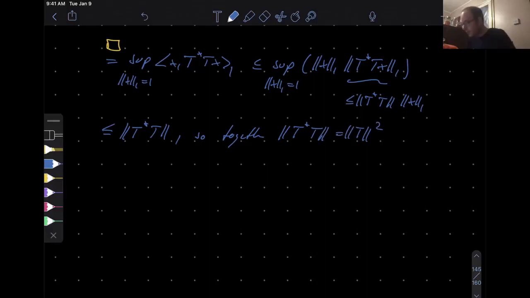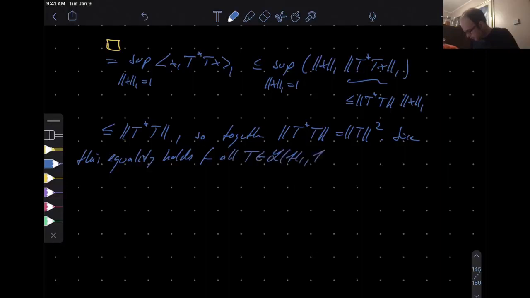How do you get it the other way around? Well, since this equality holds for all T in L(H1, H2), it holds in particular for the adjoint itself, right? For T star from H2 to H1.